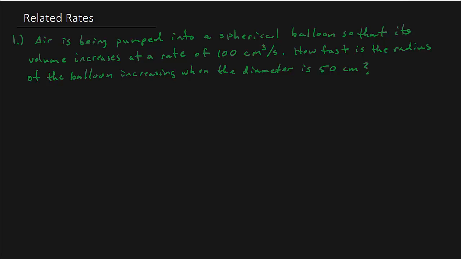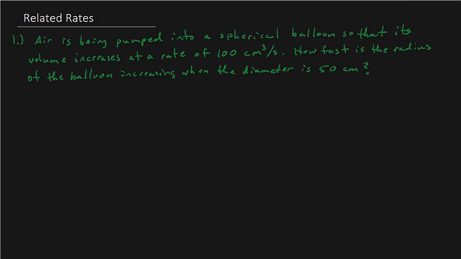All right, so let's look at the first one. It says air is being pumped into a spherical balloon so that its volume increases at a rate of 100 cubic centimeters per second. How fast is the radius of the balloon increasing when the diameter is 50 centimeters?